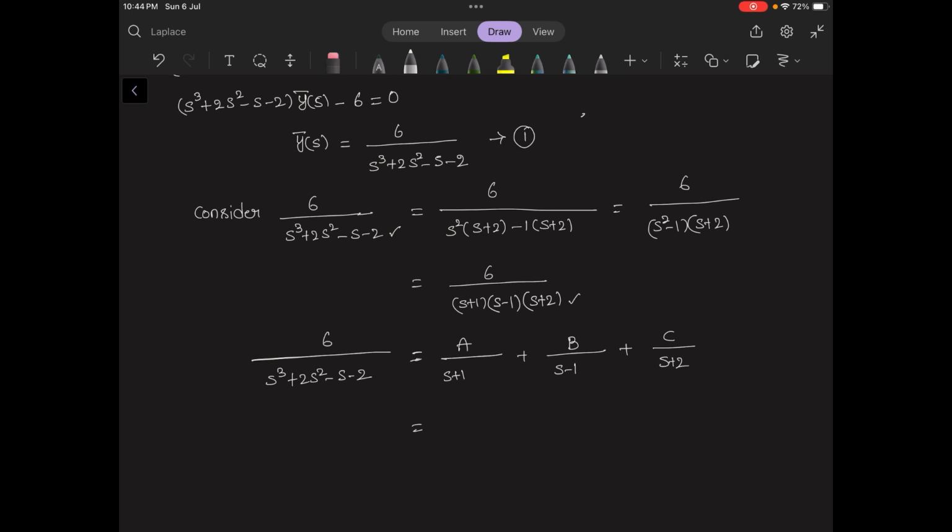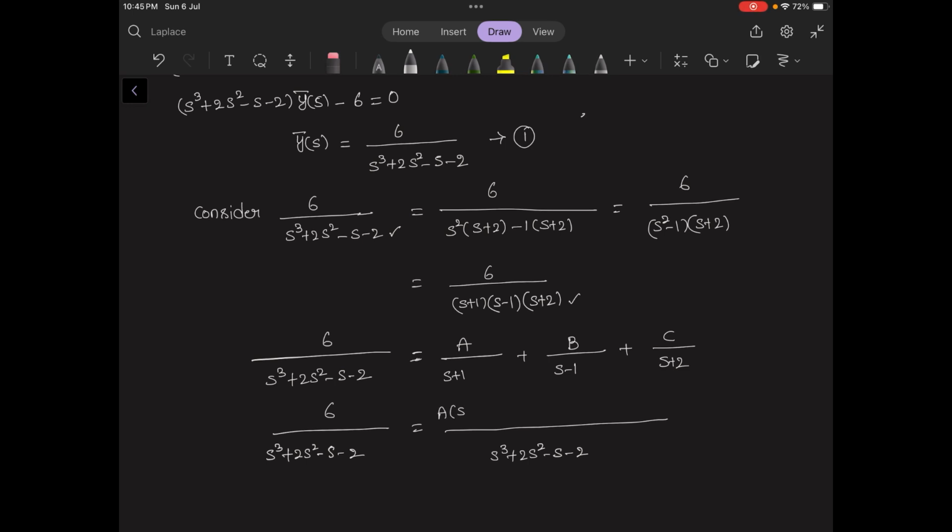Which is equal to, if I take the LCM, in the denominator we will get the same term, s cube plus 2s square minus s minus 2. Here also 6 divided by s cube plus 2s square minus s minus 2. But in the numerator, what happens?